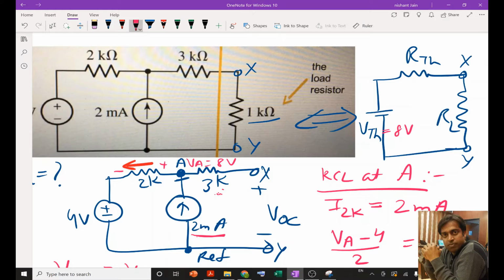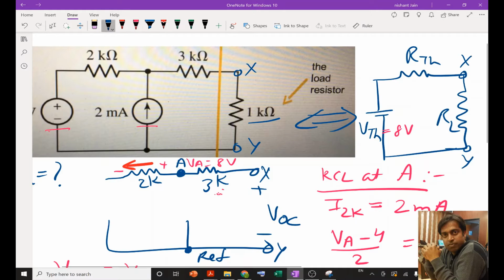To calculate RTH, the only thing I need to do is deactivate the voltage and the current source. Deactivating them, my circuit will become like this. To deactivate the voltage source, I replace it with a short circuit.